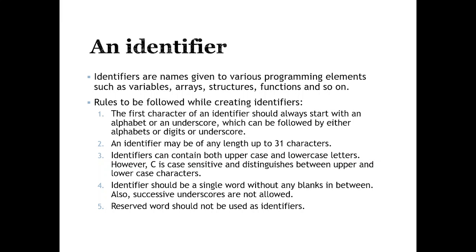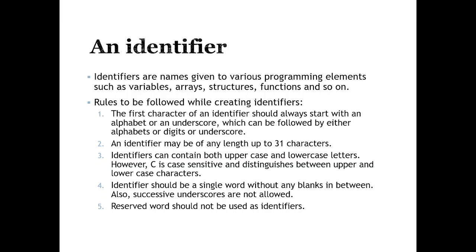For example, you don't give a name to a person called Devil, and say he is Mr. Devil. People will not accept that. So when I give a name, it must follow some rules. Similarly, when I say identifier, which is nothing but a name, I must follow certain rules. So what are these rules?